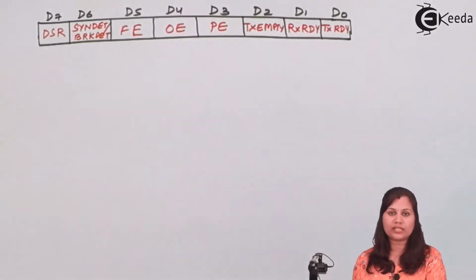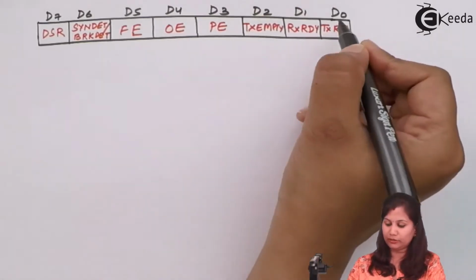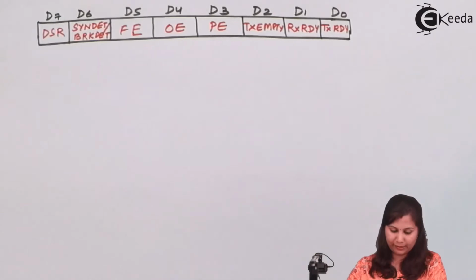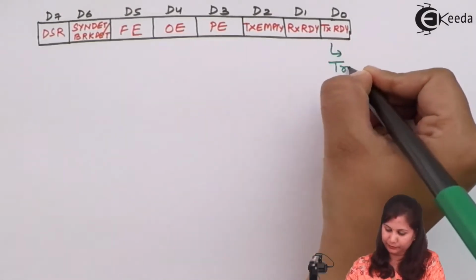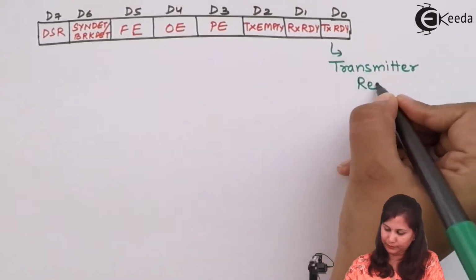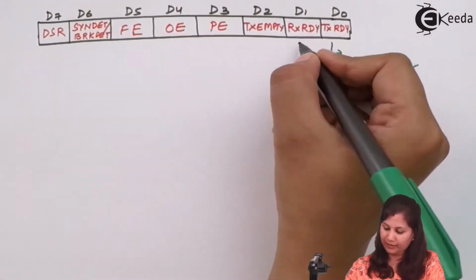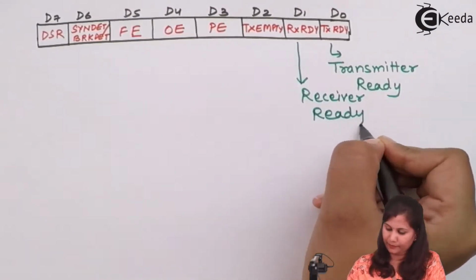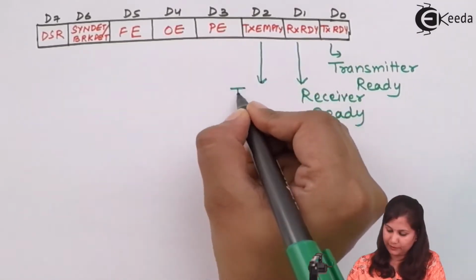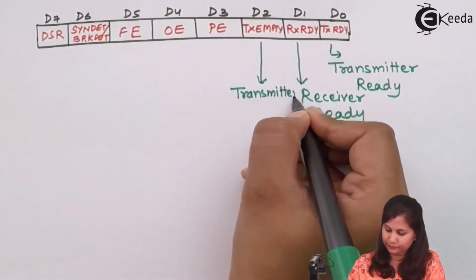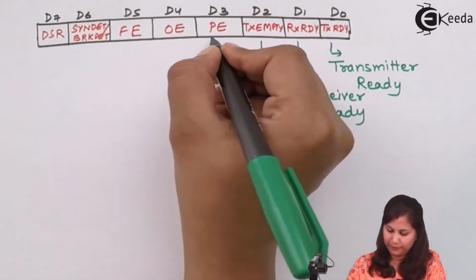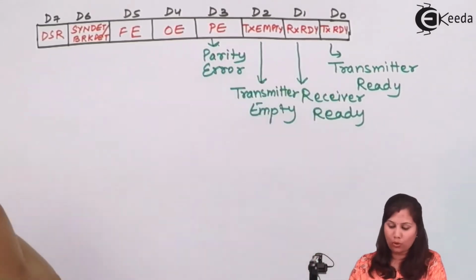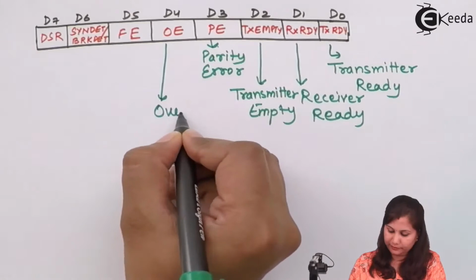The 8 bits of the status word are defined from D0 to D7. We have D0 as TXRDY, that is transmitter ready. RXRDY, that is receiver ready. TXMT means transmitter empty. PEF is for parity error. OE is for overrun error.